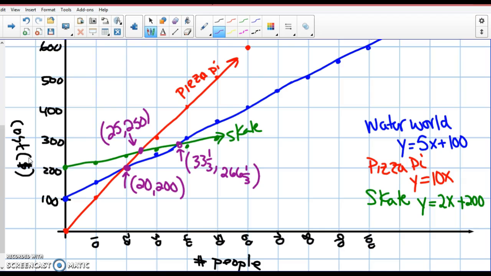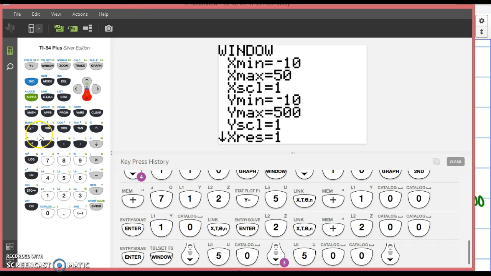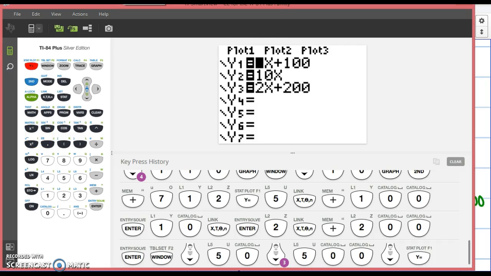Now, what I want to show you is this graphing calculator. Look what I did. I typed them in order. The first one was Waterworld, 5x plus 100. The second one was Pizza Pie, 10x.